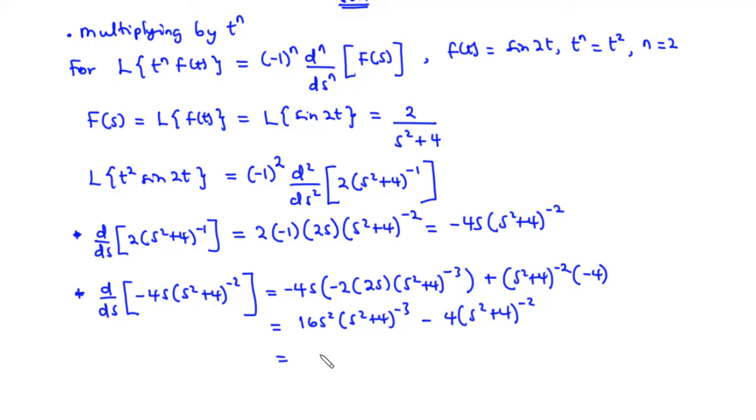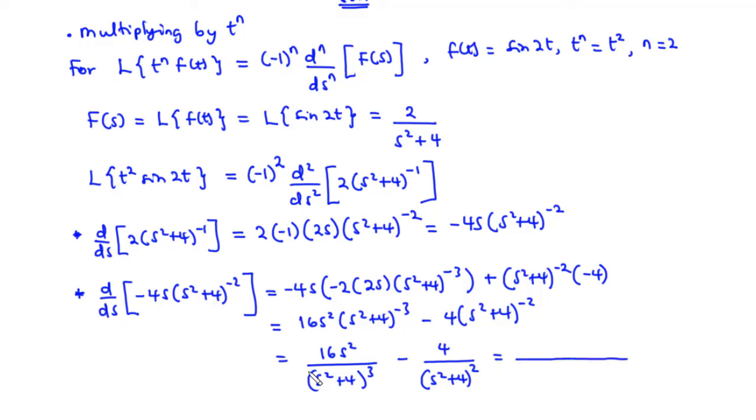Now we can express this as 16s squared divided by (s squared plus 4) to the power 3 minus 4 divided by (s squared plus 4) to the power 2. Now at this point we can find the LCM.